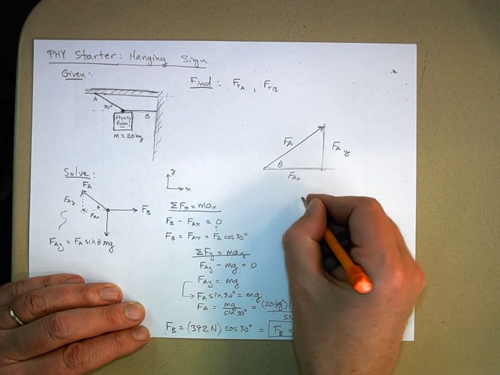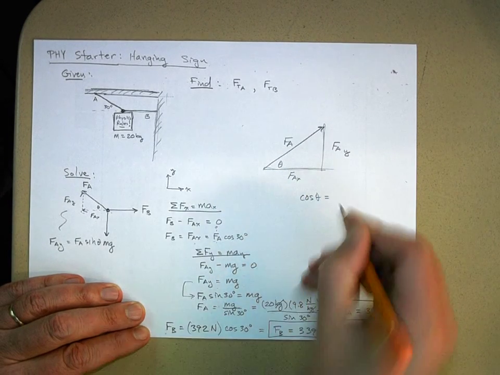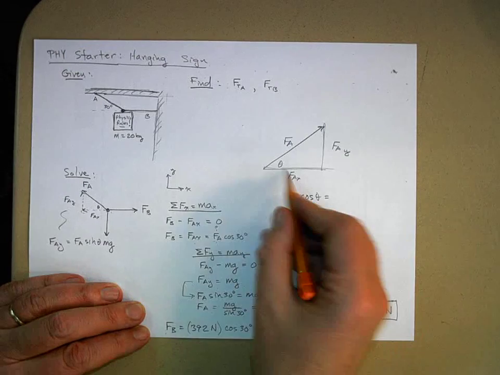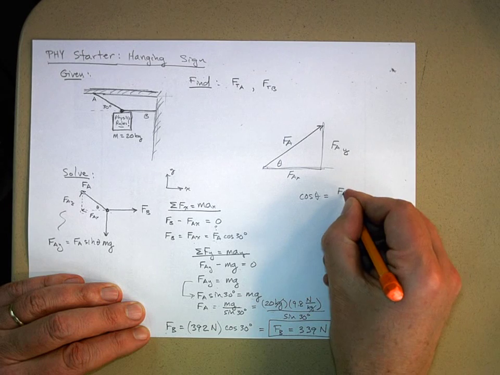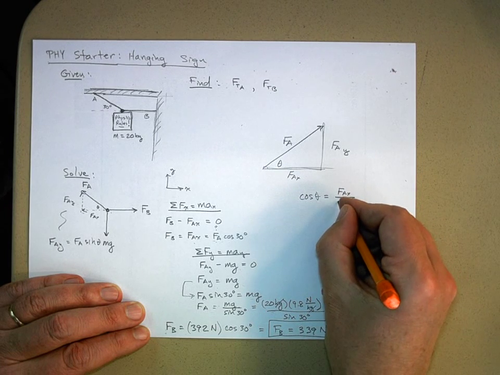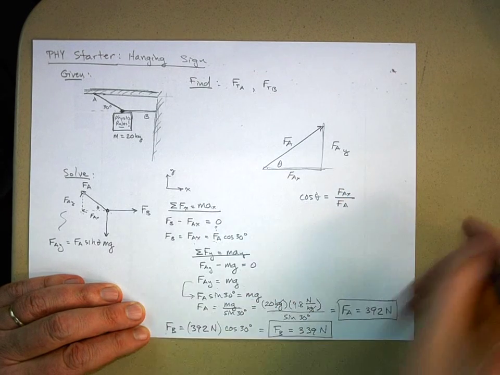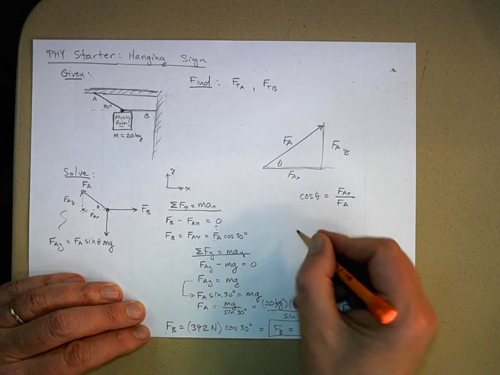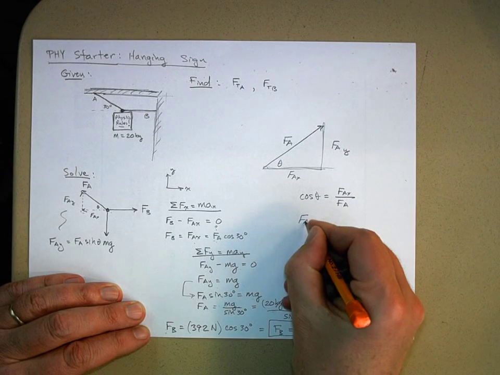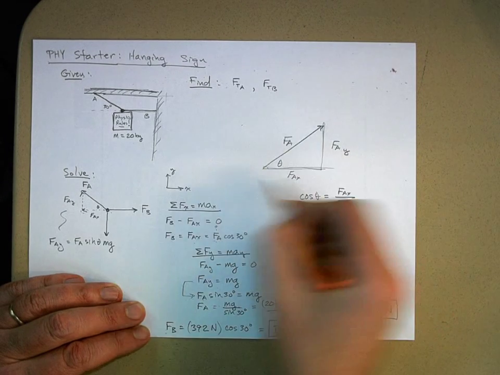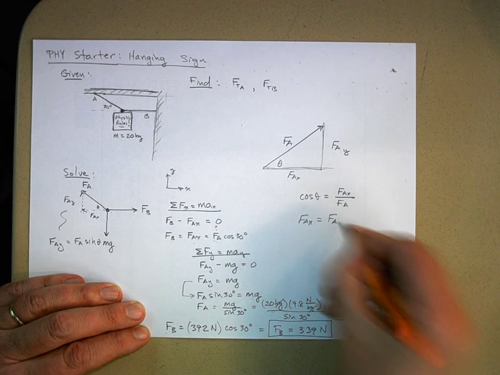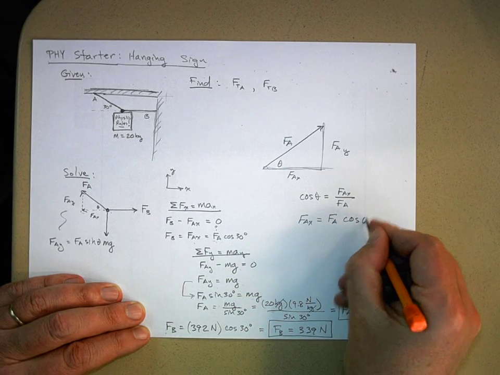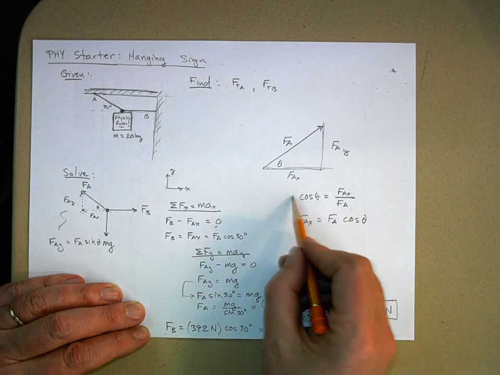What is cosine theta? Cosine theta, by definition, is the adjacent leg divided by the hypotenuse. So what I can do is say, okay, the x component of this vector is equal to FA times the cosine of the angle. I just multiply both sides by FA, and I get this.